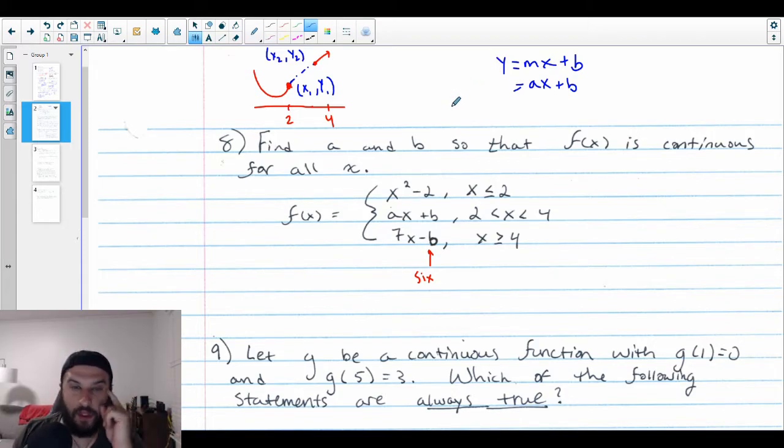You're done. So that's what we're going to do here. So if we plug 2, right, that's my x1. Here's my x2. If I plug 2 in, I'm going to get my y2 value. So 2 squared, 4 minus 2, 2. Okay, so I know I have 1 point, 2, 2.